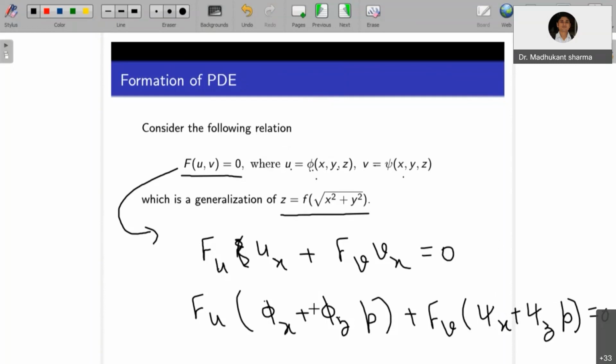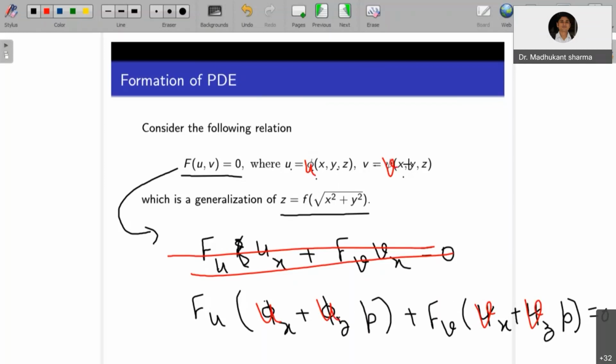Instead of this notation, you can also use u as a function of x, y, z, with ux, uz, and vx, vz. That's also fine. Rather than going with other notations, let's go with this: u equals u of x, y, z and v equals v of x, y, z.